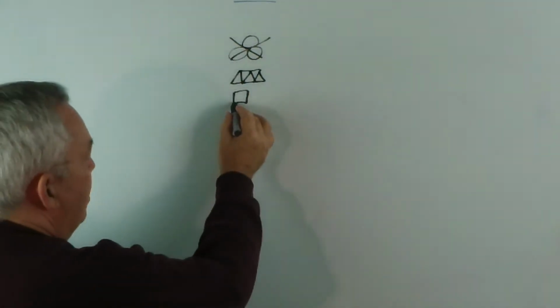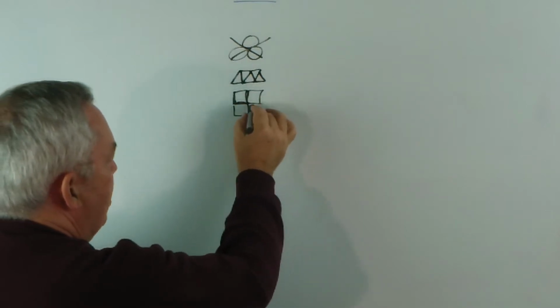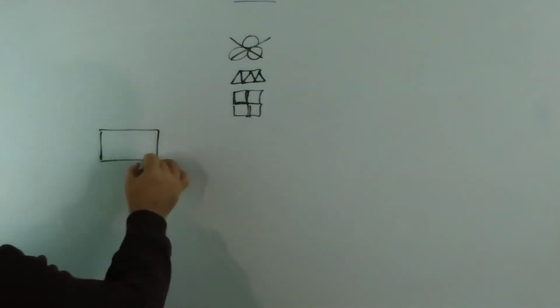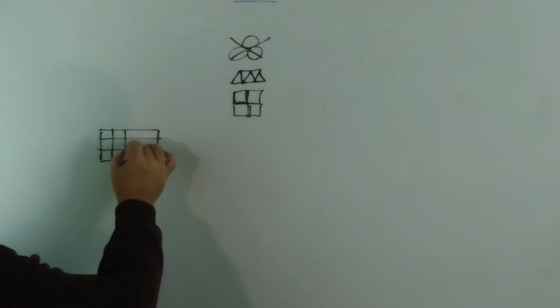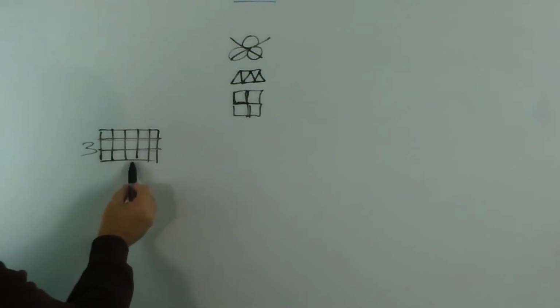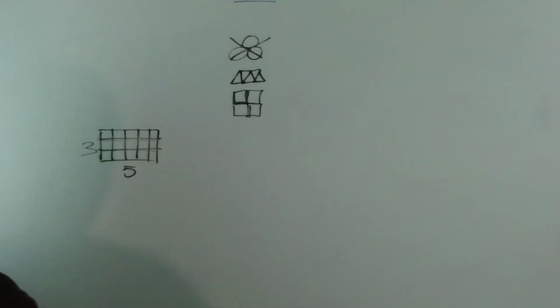It turns out that we prefer using squares because they stack well, they're easy to count. So if we have a shape, particularly a regular one, that's divided up into squares, we can count the number of rows, 3 rows, and 5 columns of squares.